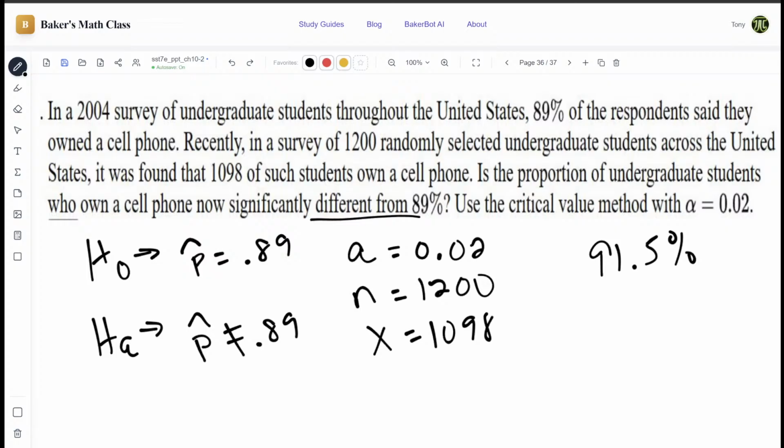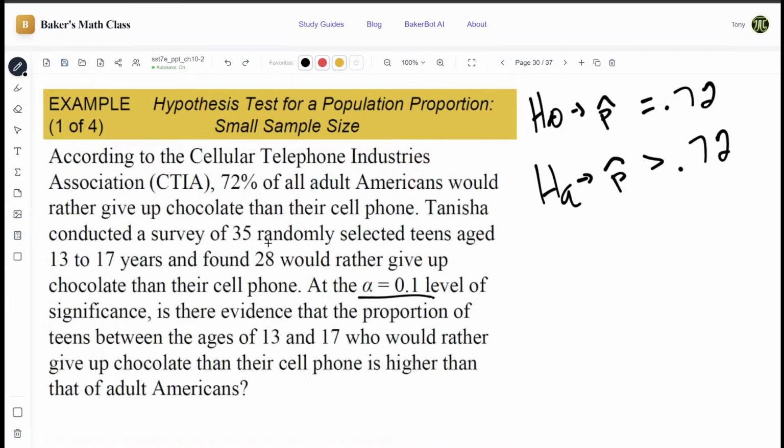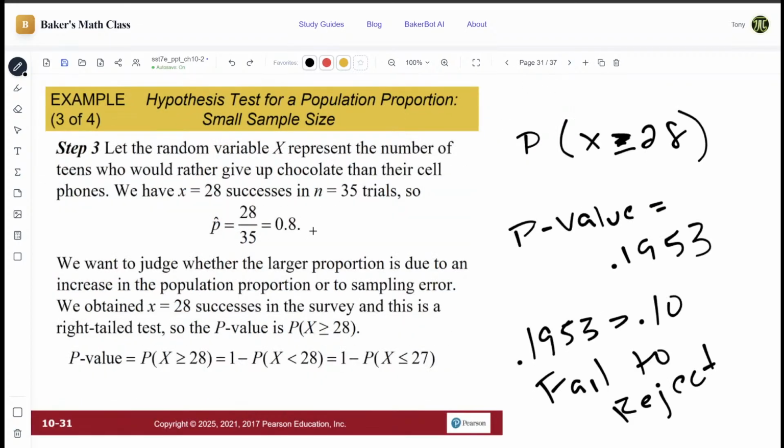Now, notice how this one was 91.5% and we rejected, right? That's only like 2.5% higher, correct? When we go back and look at this one, this was at 72%, and my proportion was at 80%, and we failed to reject. What's the difference between the two? Sample size. The larger your sample size, the smaller your change has to be to show you a significant difference.